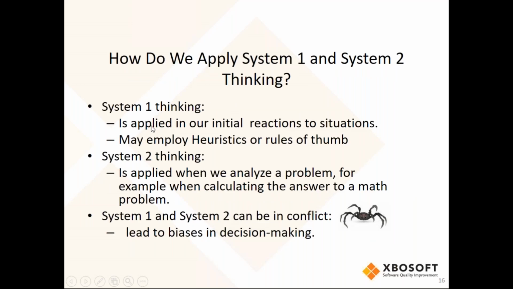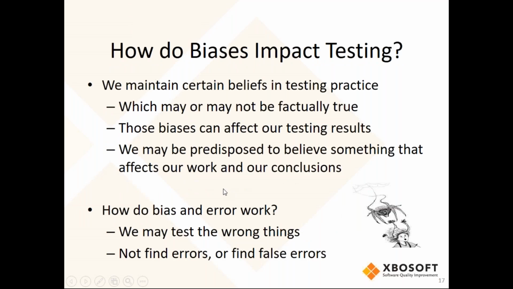Well, system one thinking is applied to our initial reactions, sometimes uses heuristics. System two is applied when we analyze a problem, like when we're calculating a math problem. Now, system one and system two can sometimes be in conflict. And that is where biases come in decision making.